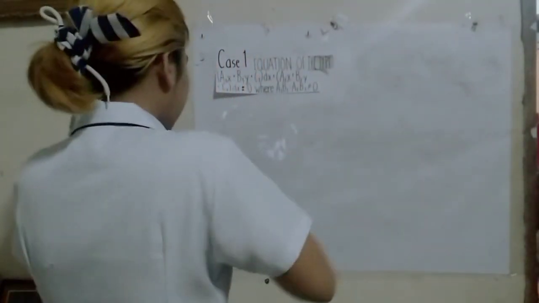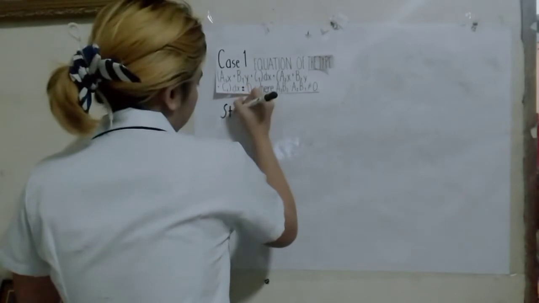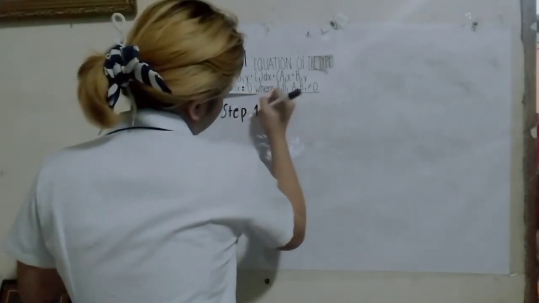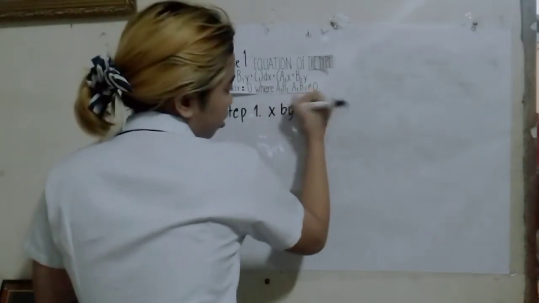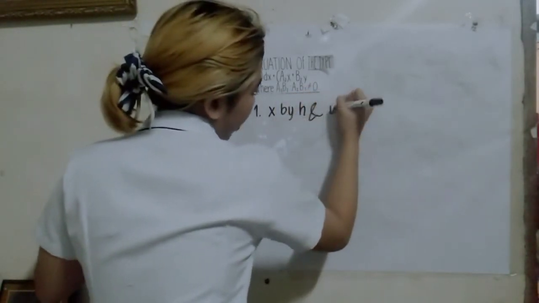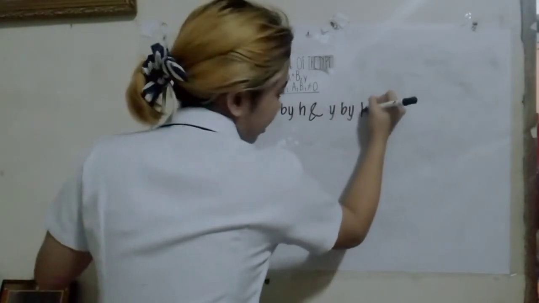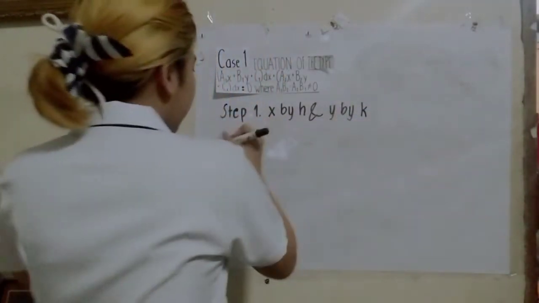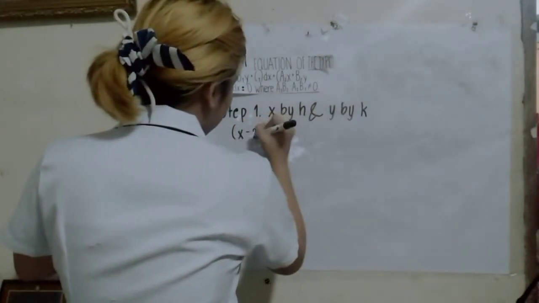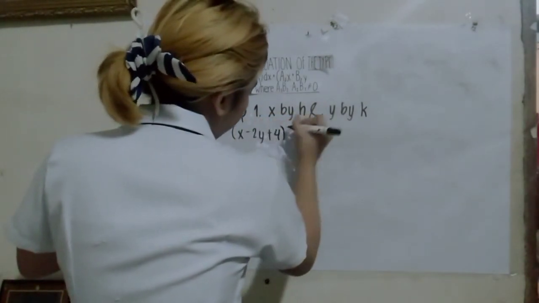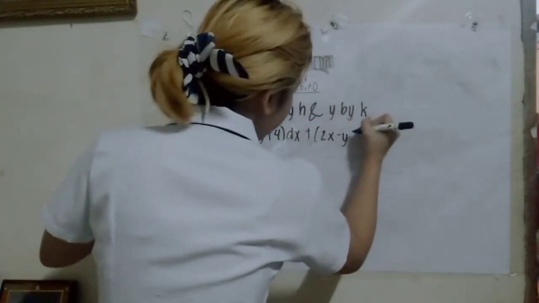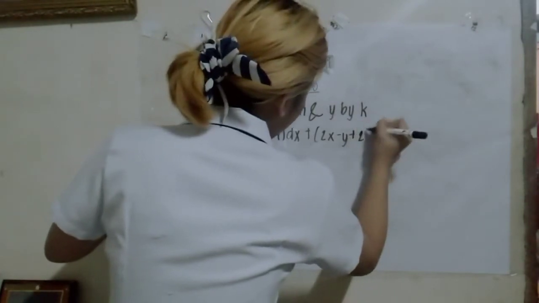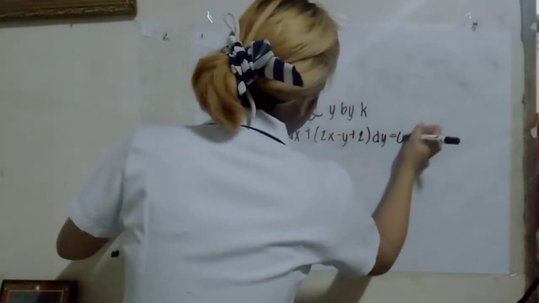Proceed na tayo ngayon sa step number 1. Step number 1 is substitute natin si x by h, and then si y by k. So, meron tayong equation kanina: x minus 2y plus 4 dx plus 2x minus y plus 2 dy equals to 0.